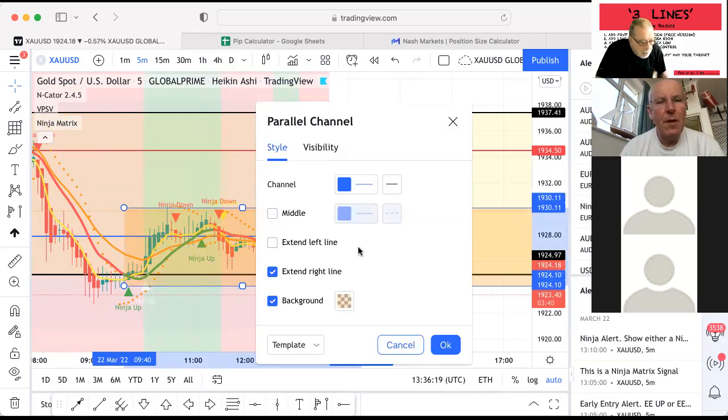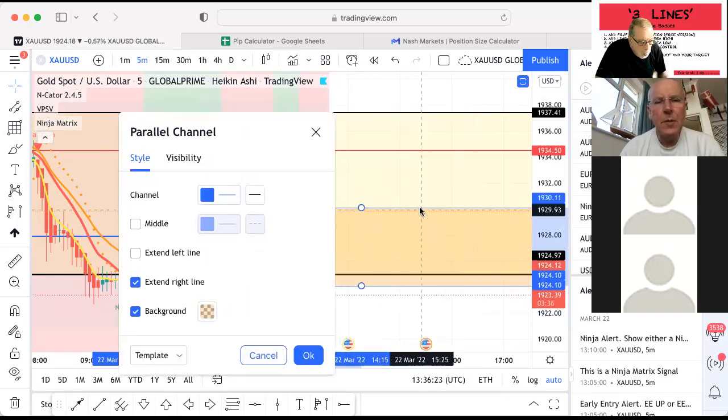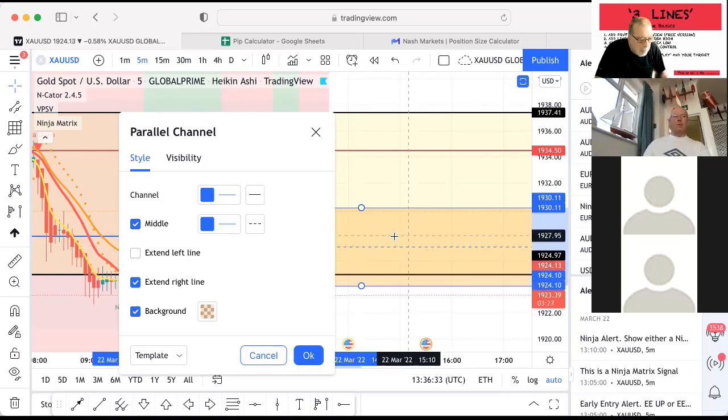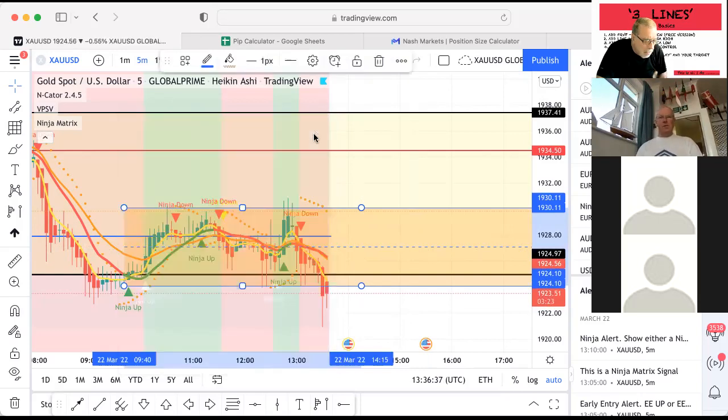So without the middle line, you've just got the top and the bottom. If you put the middle line in, it comes up at 50%. So that dashed line is actually 50% of the range of the consolidation. And that's actually something that Anastasia looks for.